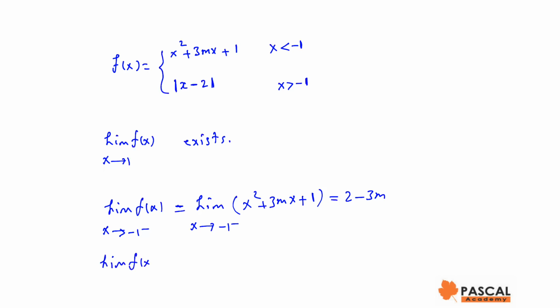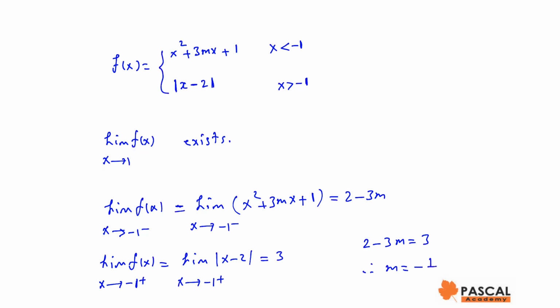And limit of f(x) as x approaches negative 1 from right side is the same as limit of absolute value of x minus 2 as x approaches negative 1 from right side, which is 3. Therefore, 2 minus 3m must be equal to 3. That means m is negative 1 over 3.